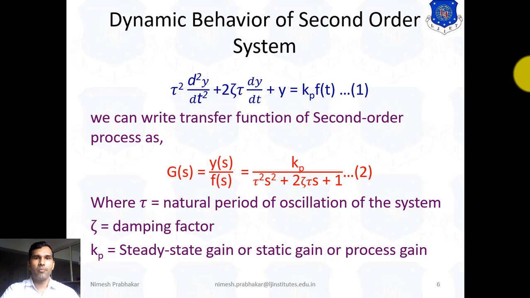So here, the dynamic behavior of the second order system depends on the value of zeta, that means the damping factor. If zeta is greater than 0, if zeta is less than 0, and if zeta is equal to 0, then the dynamic behavior of the second order system changes.